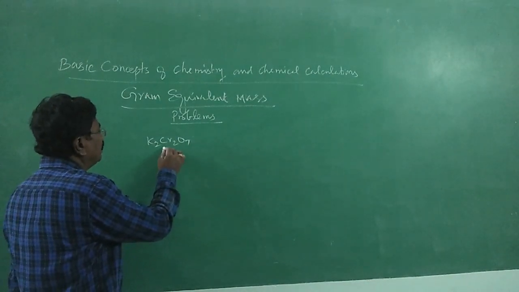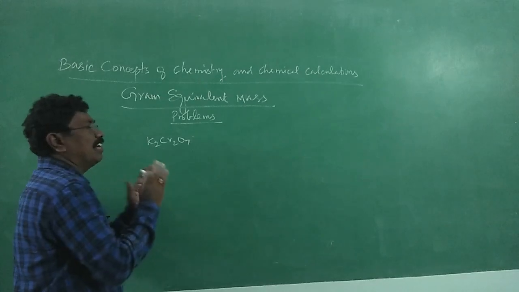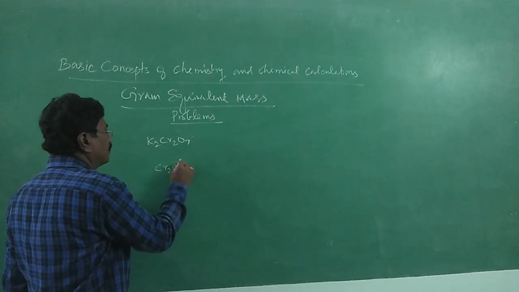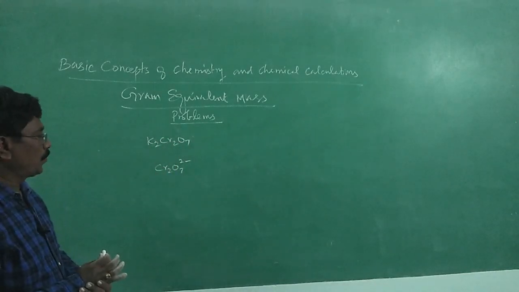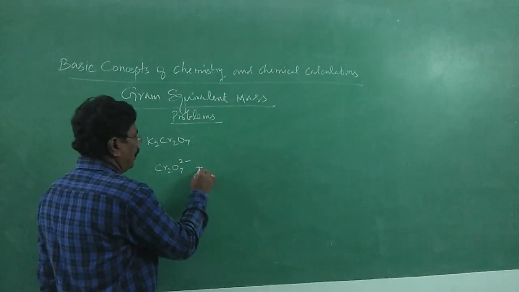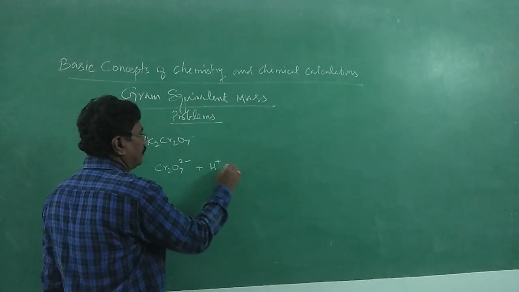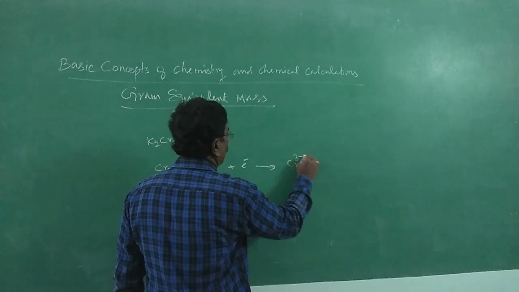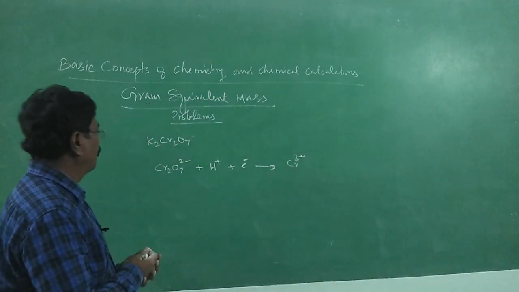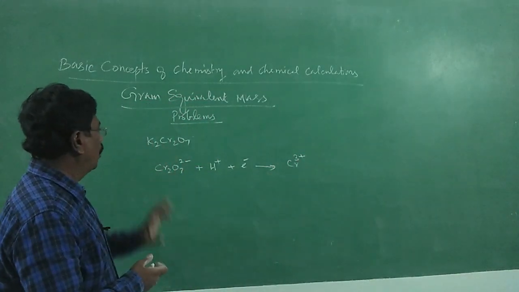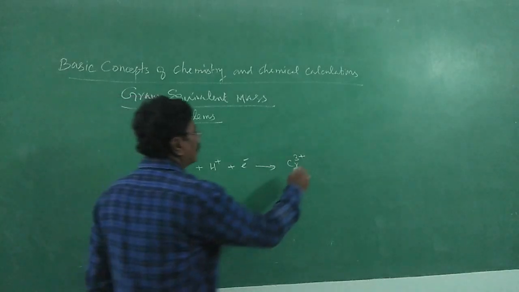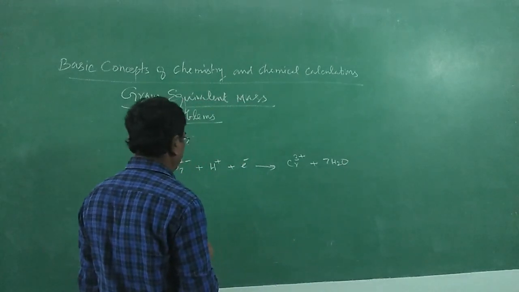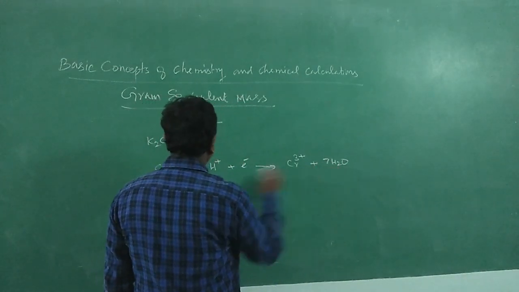What is the half reaction? Only the reduction part. Cr2O7 2 minus, in the presence of acid, gains electrons to become Cr3 plus. 7 oxygen, therefore 7 H2O. 14 hydrogen, therefore 14 H plus.